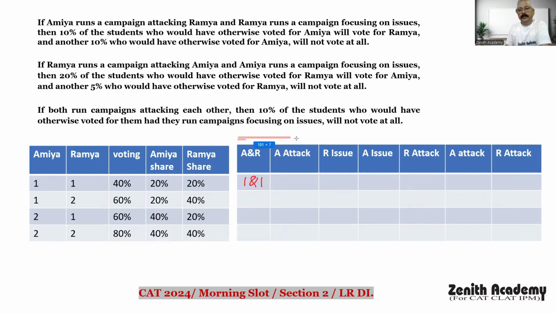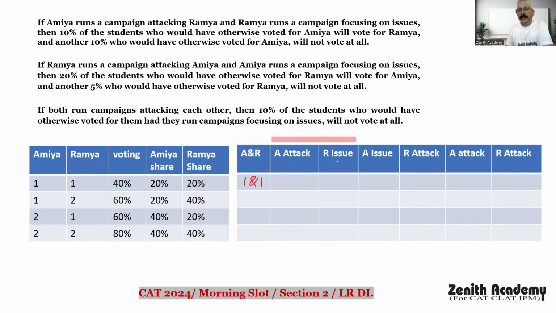Just a minute. Their campaign level is like Amya is one type and Ramya is one type.